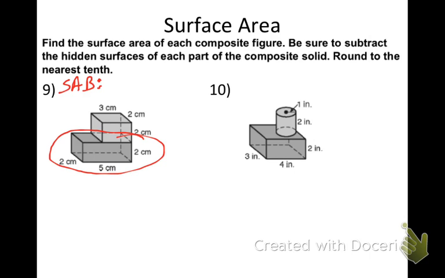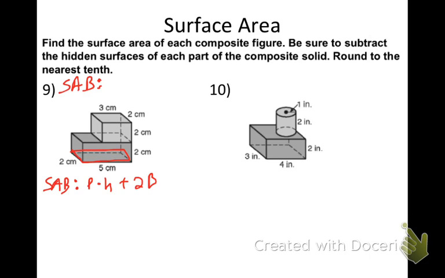I would do the perimeter. So I'm going to say SAB because it's the surface area of the big one. So that's the perimeter times the height plus the two bases. So the perimeter is 14. The height is 2. 28. Plus, what's the bases there?